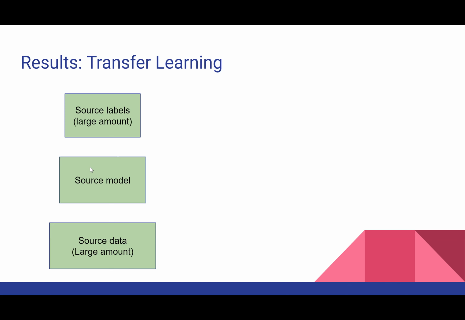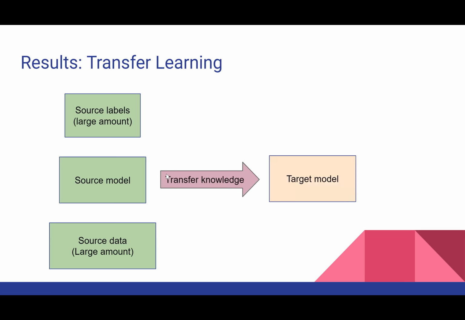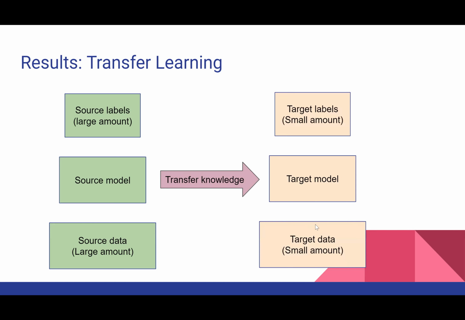Transfer learning works in a way that you train a model with a large amount of data. Once the model is well trained, they transfer the knowledge to a target model that they're going to fine-tune with the target data, so the data that's more relevant to the data set we're trying to predict.